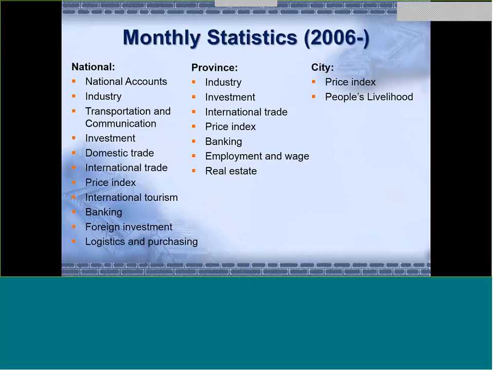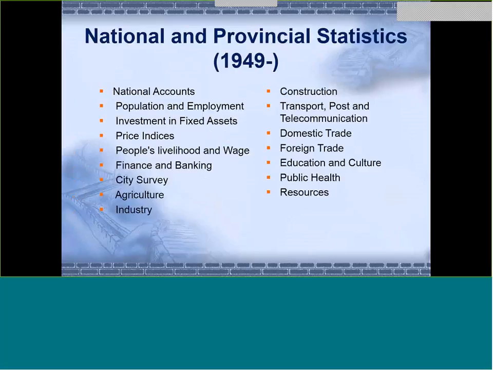At the province level, they cover industrial output, investment, international trade, price index, employment and wage, and real estate. At the city level, the data comes primarily from the household survey, so it's price index and people's livelihood. That's the data updated every month.